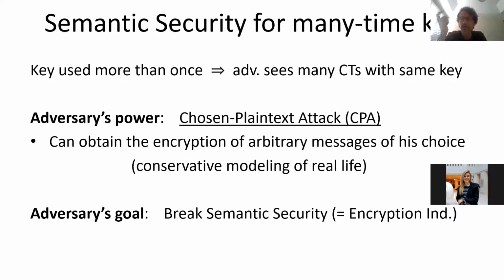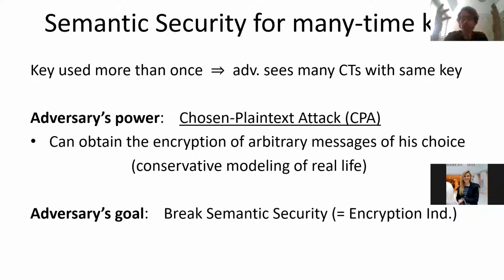That models a scenario where somebody picks a key and just uses it once and never uses it again, because in that security notion, the adversary only got to see a key used once for a single message. It was maybe very long, but it was still done only once.